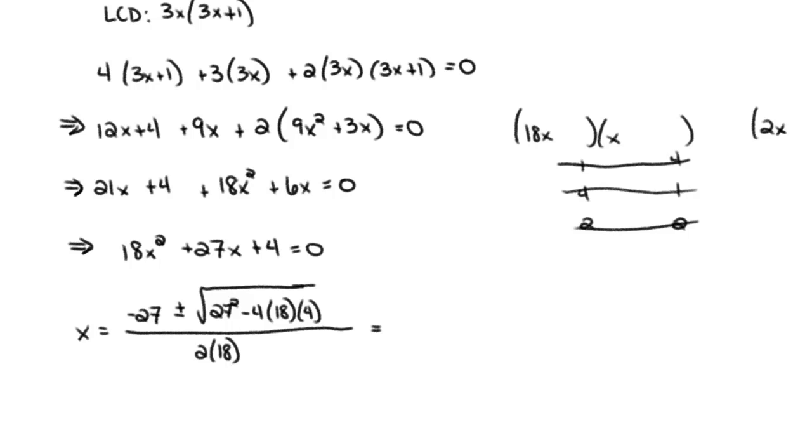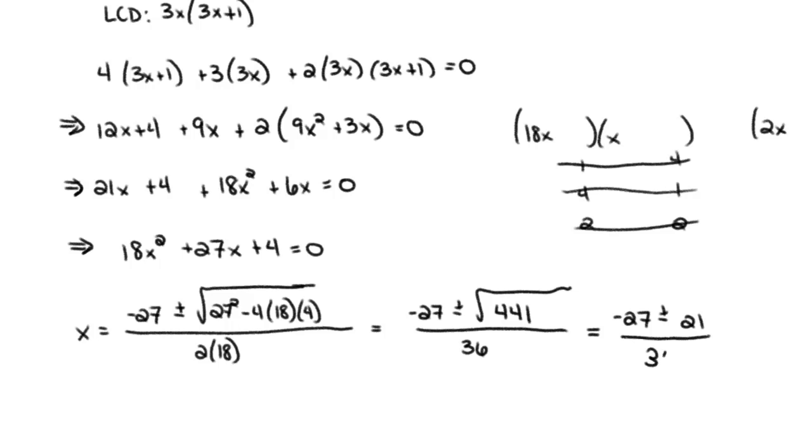It's a big old fraction, negative 27, plus or minus the square root of, I'll need a calculator here, 441. That's what that compresses to. And twice 18 is 36. The square root of 441 is 21. So it's negative 27 plus or minus 21 all over 36.